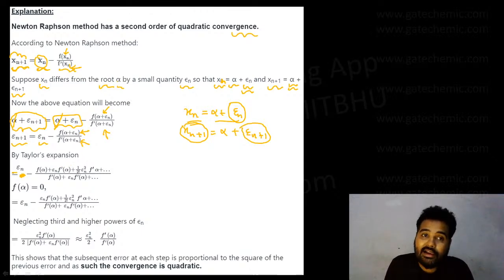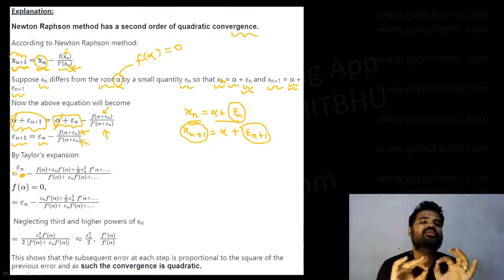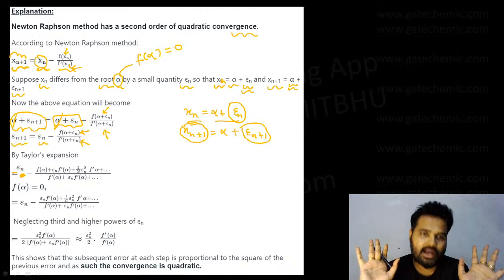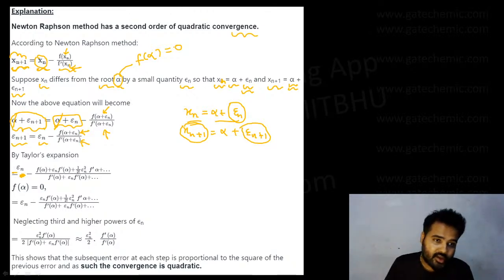Now, because alpha is real value, if I put x equals alpha, then it will not be nearby 0, it is exactly 0. You will get exactly 0 if alpha is your real root. In this equation, this f alpha is now 0. Now you can see here, after cutting, this is your whole equation.